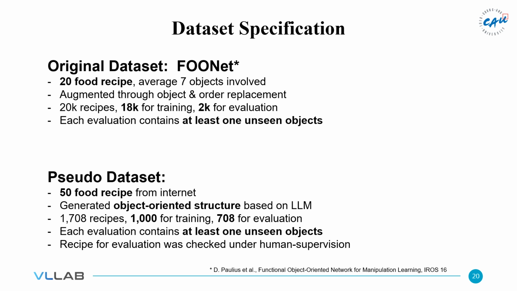We attempted to crawl descriptions for each recipe and filtered out about 60% of the descriptions. Each evaluation set contains at least one or more objects unseen in the training dataset, and each target requires 21 tasks on average.